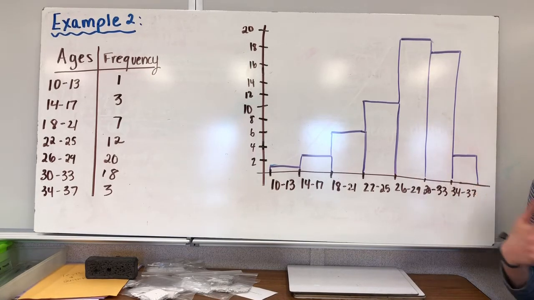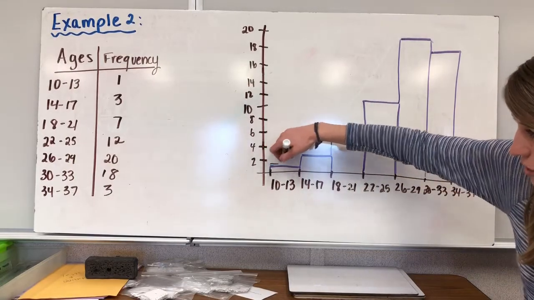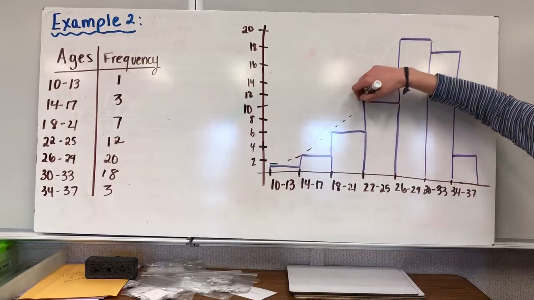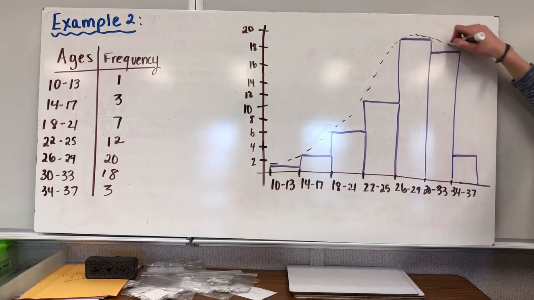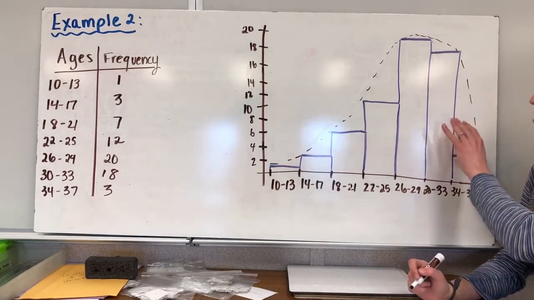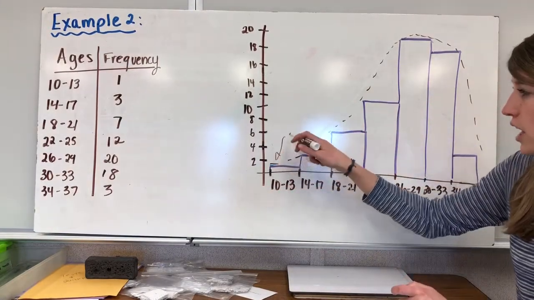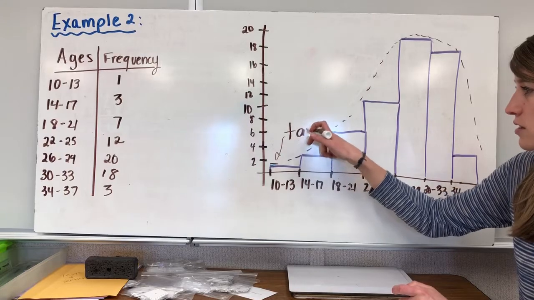Once you've drawn this, our next step is to describe the shape of the distribution. So let's go ahead and draw our smooth curve over. I might draw a dotted line just so I can see it this time. I'm just going to draw right around the corners. What I see here is that most of my data is on the right, but this tail is being pulled in this direction. I would call this right here my tail.